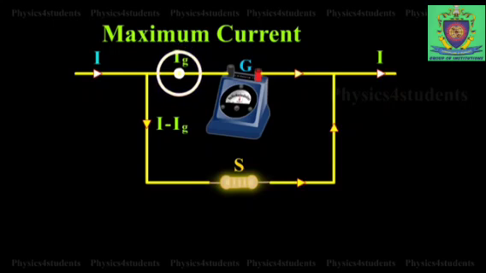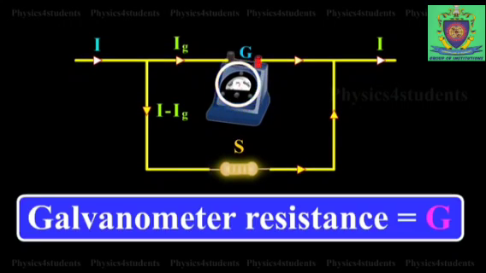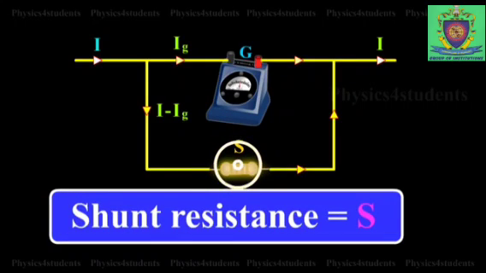See, what I mean to say, for example 0.1 ampere is less for you compared to I, but that 0.1 is more for that galvanometer. So if 2 ampere current is passing, 0.1 ampere will pass through this. The resistance in the galvanometer is nothing but the galvanometer resistance G.